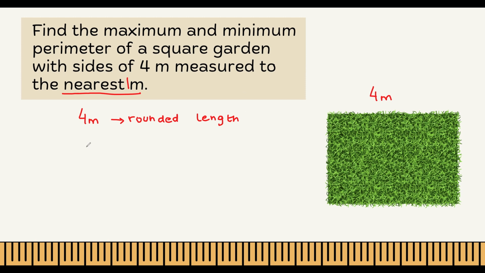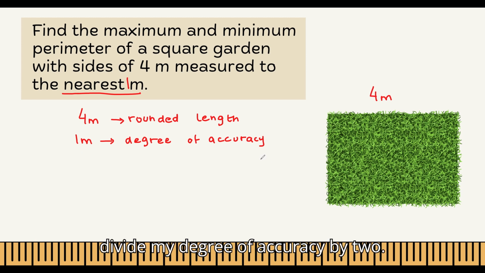So my degree of accuracy is going to be 1 meter. So now I figured out my degree of accuracy. My second step is to divide my degree of accuracy by 2. So 1 divided by 2 is equal to 0.5.